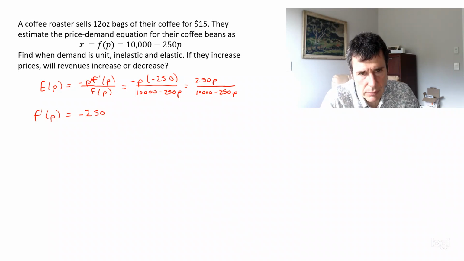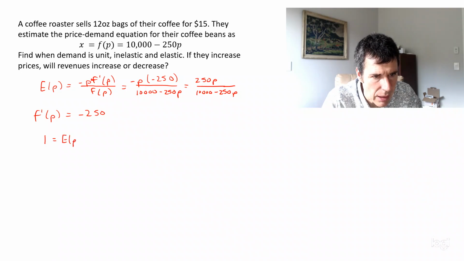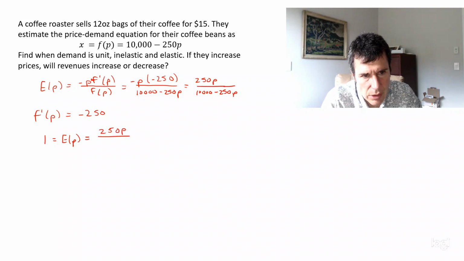So the easiest way to find when demand is unit, inelastic, and elastic is to find unit demand. Unit demand is when the elasticity of demand is equal to 1. So 250P over 10,000 minus 250P equals 1.